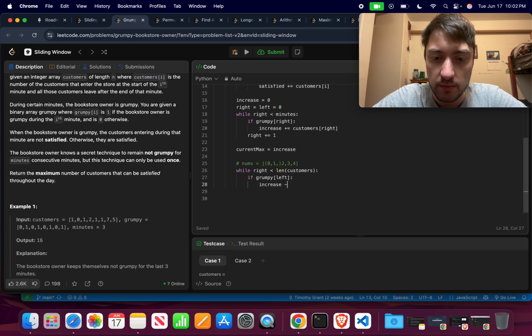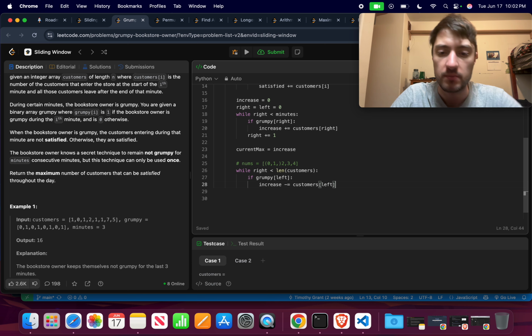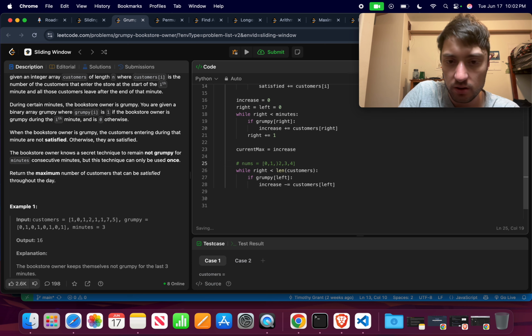Increase minus equals customers of left. So that goes like this. Right there, so I got rid of this from my context. Okay.